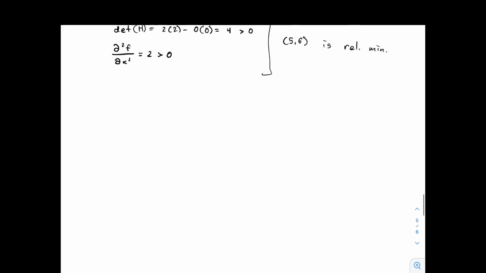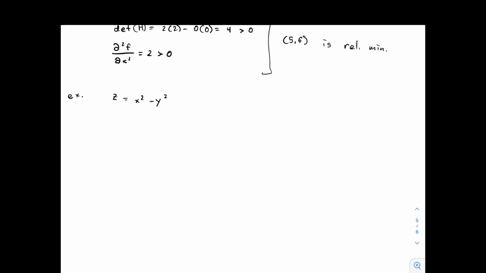And another example I wanted to bring to your attention is that of a saddle point. Now, there are many, many such functions, but let's just look at one like this. Now, notice that if we consider y being 0, then we have z equals x squared.